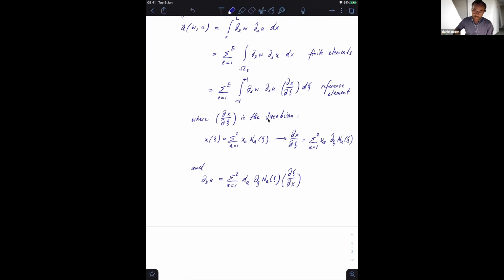And so if the inverse of the Jacobian is not defined, then the mapping is not invertible. So by looking at the Jacobian, we can see if the mapping is invertible or not, if we can use it or not.